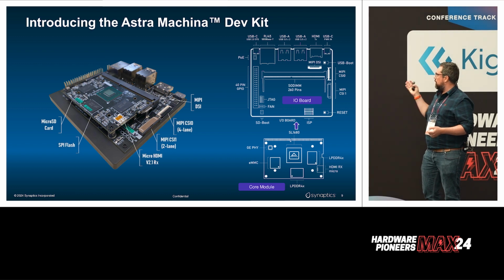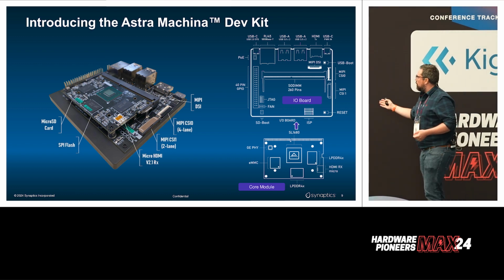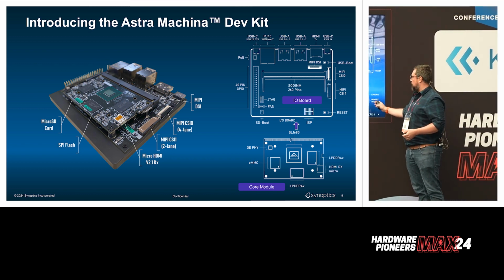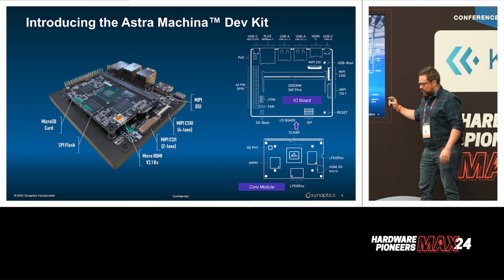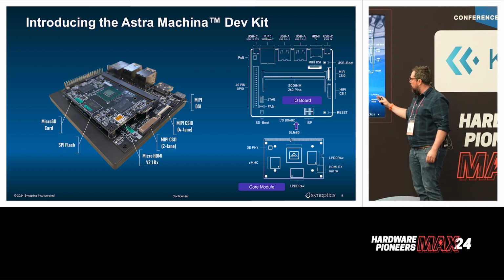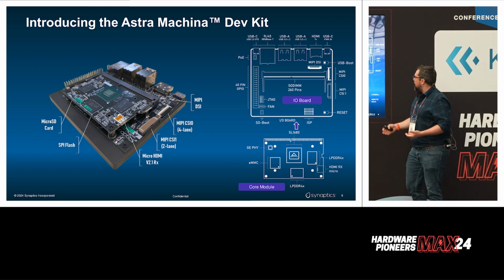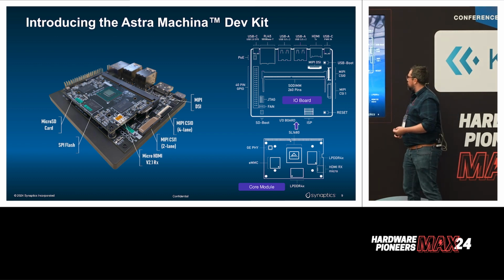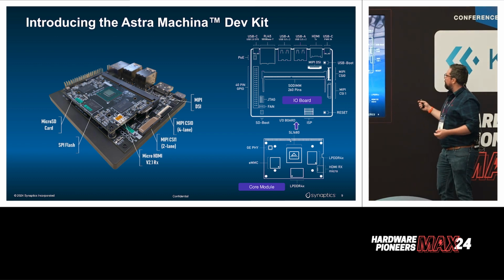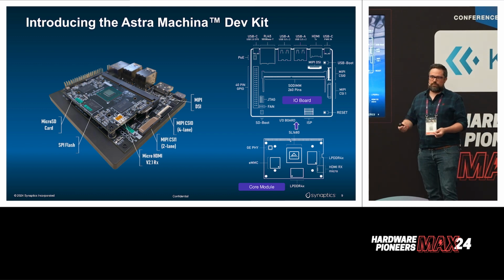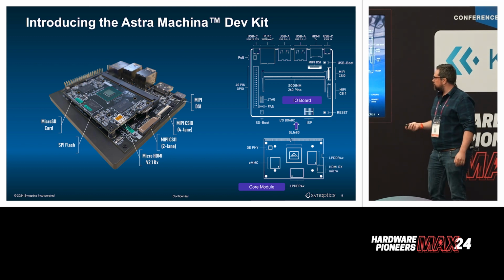We have the core module with different types of SoC, coming from the high end where we have more AI capabilities to the low end where you just need low power consumption. And then we have the motherboard, the I/O board, with all the inputs that you need to use for the chip.